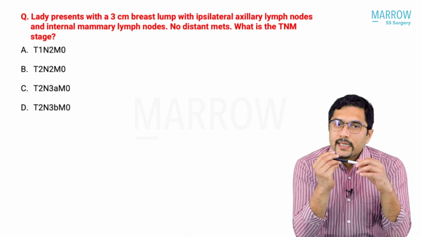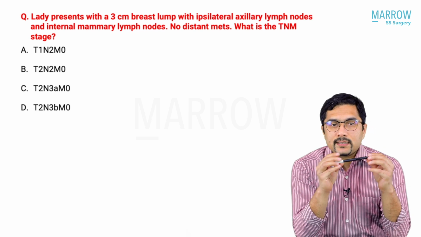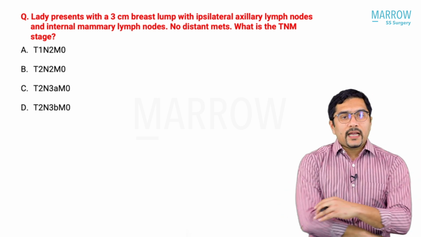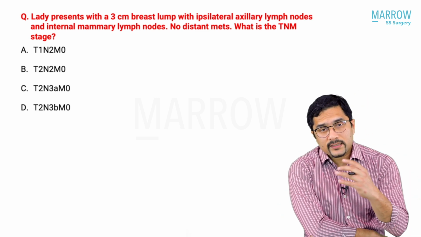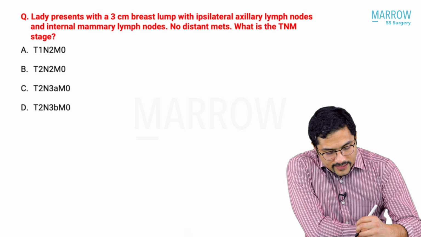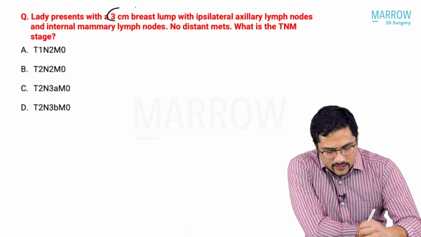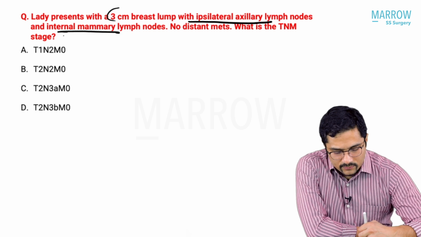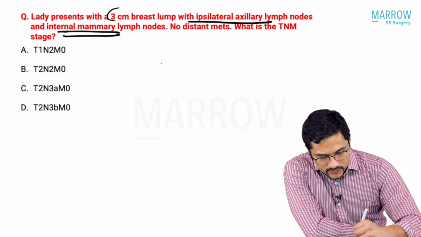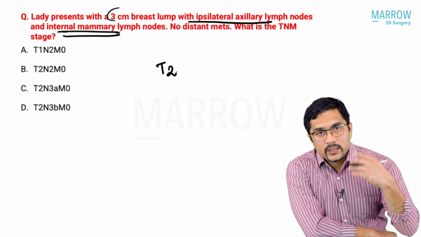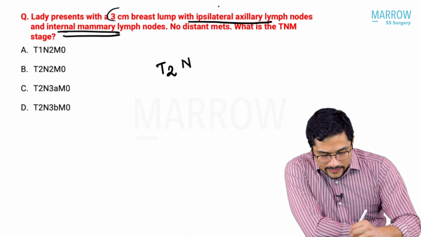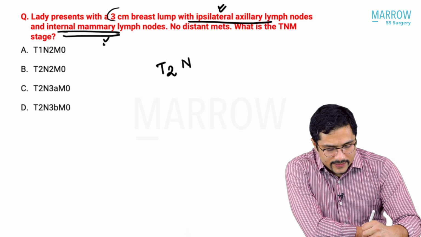Then there was another staging question. So, 3 staging questions. One was from breast. This again was on the lines of the NEET-SS breast staging question which was asked. A lady comes with a 3 centimeter breast lump with ipsilateral axillary lymph nodes and internal mammary lymph nodes. Right. So, T is 2 because more than 2 centimeters. N, there are axillary nodes also and internal mammary.